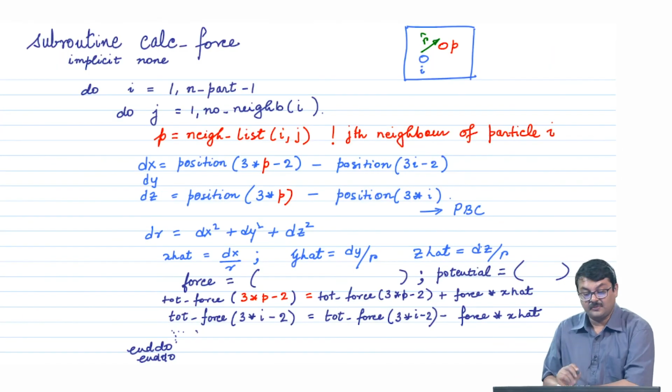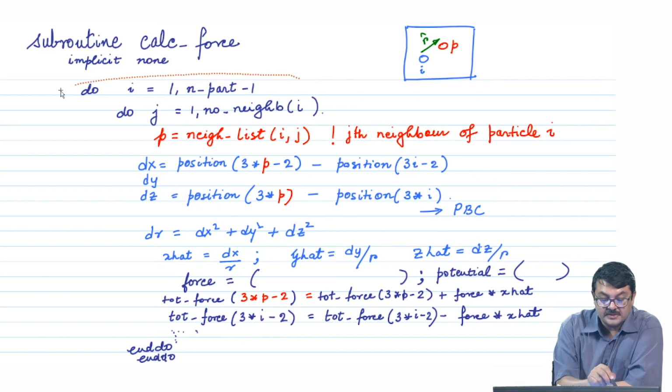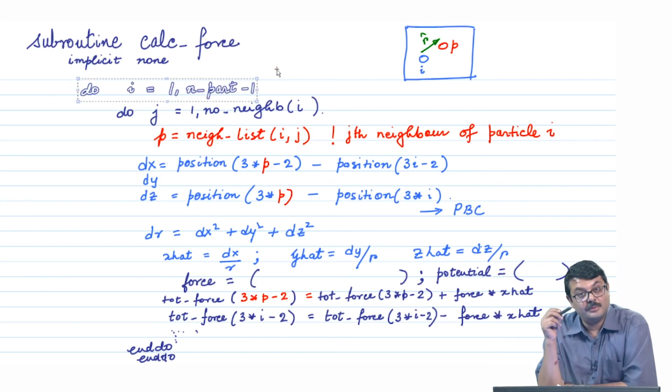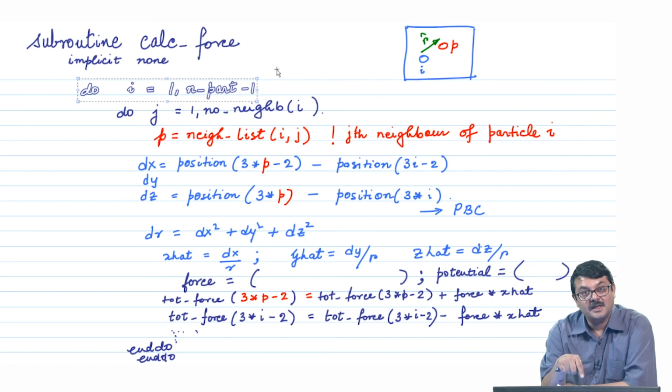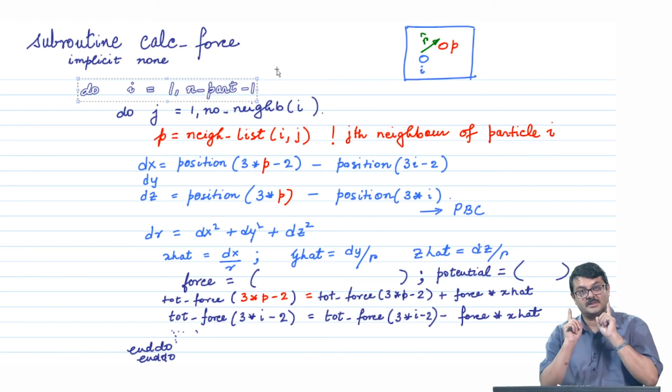And in calc force, the subroutine for the calculation of forces, what do you do? You say, okay, do i equal to 1 to n part minus 1, because you want to calculate the force on each particle, and only up to n part minus 1 because the last particle's neighbors will already be calculated. When you calculate force, you just do it once.